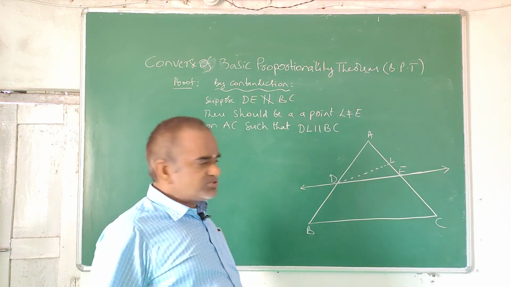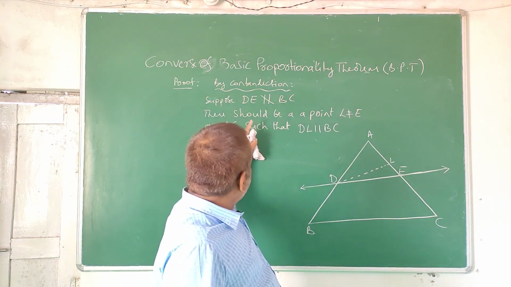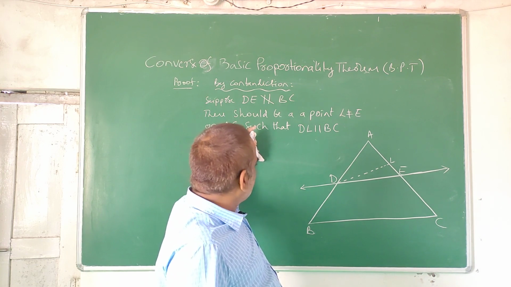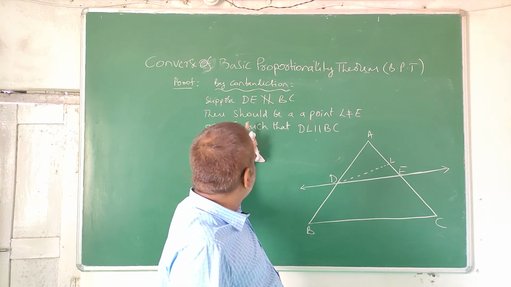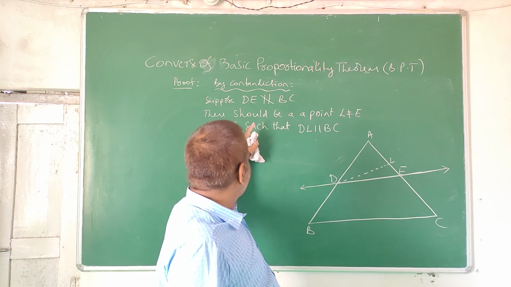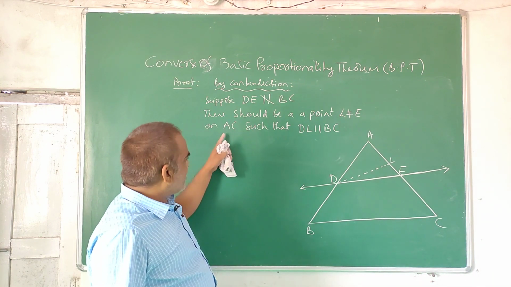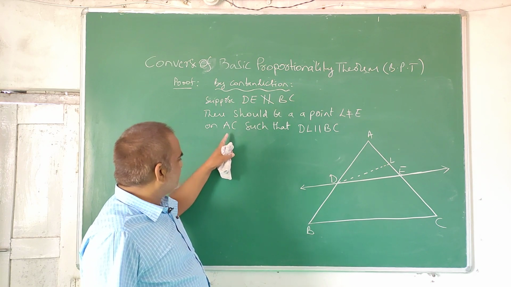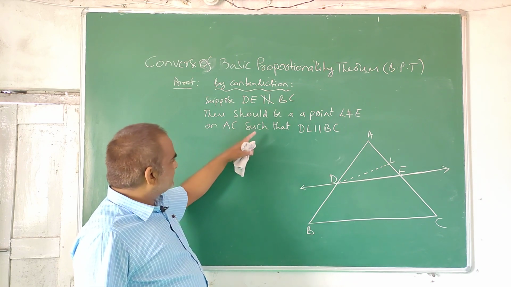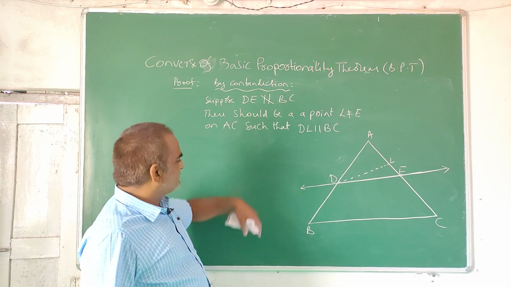So if you assume that DE is not parallel to BC, then obviously there should be some other point L which is different from E, on AC, and this point L is such that DL is parallel to BC.